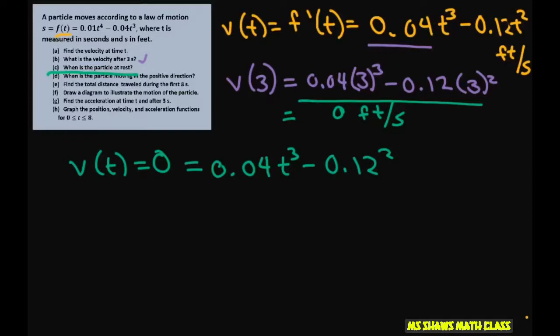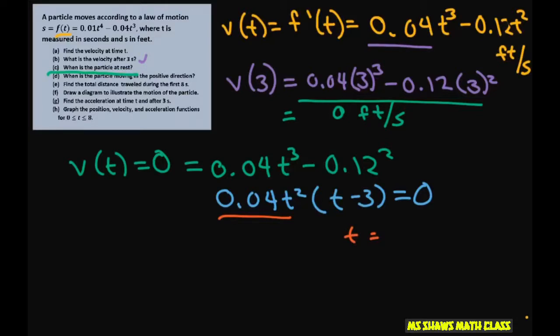So let's factor out the 0.04 t squared, and we're going to get t minus 3 equals 0. Solving, we get t equals 0 or t equals 3.